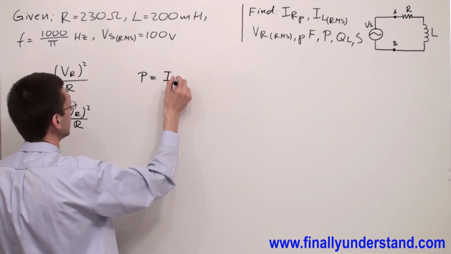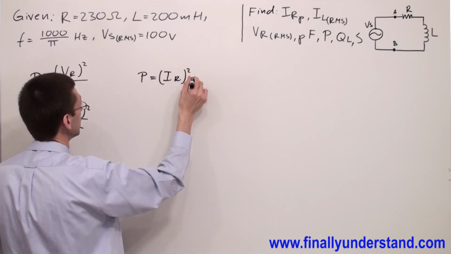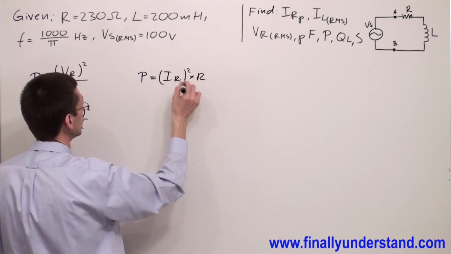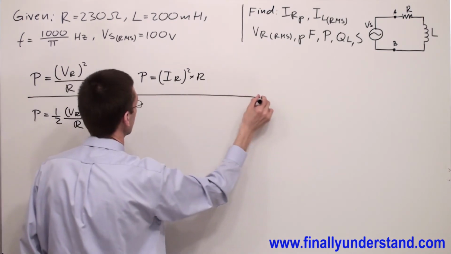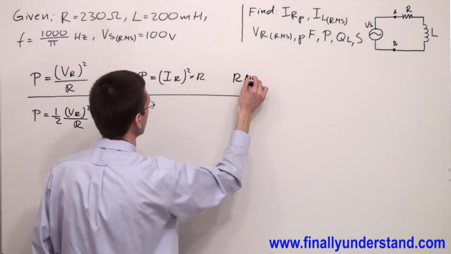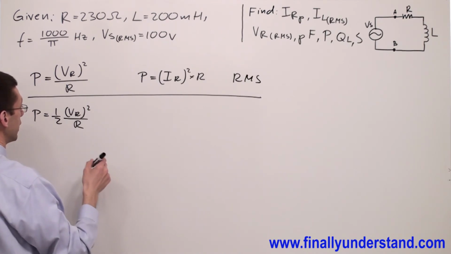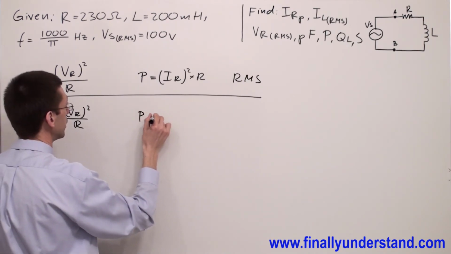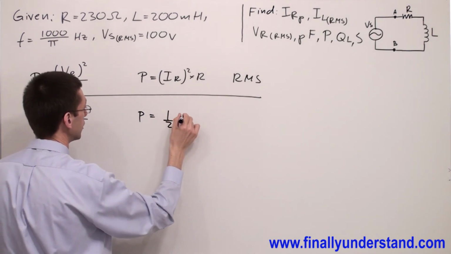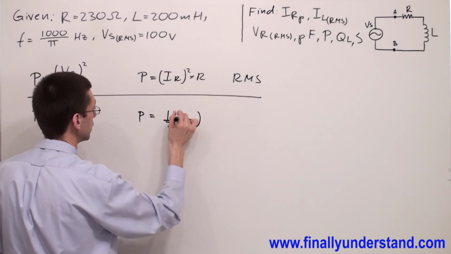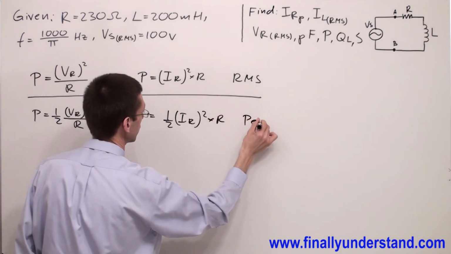I have IR square times R, so this is for RMS values, and we have power equals 1/2 IR square times R for peak values.